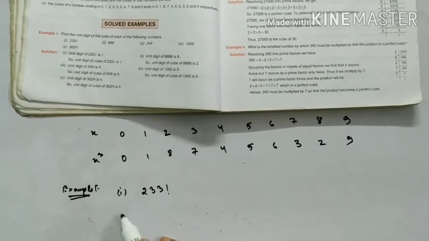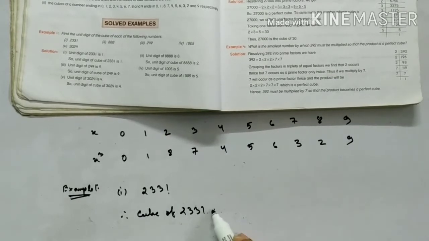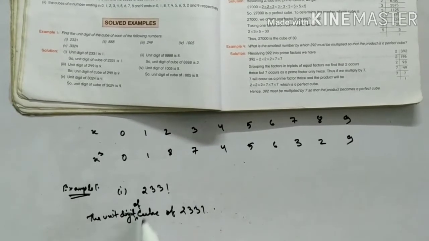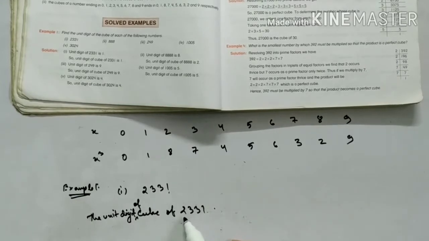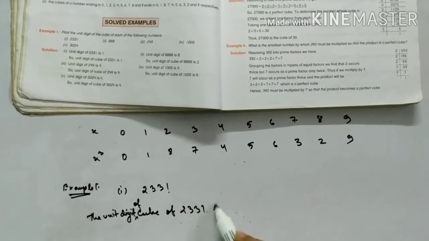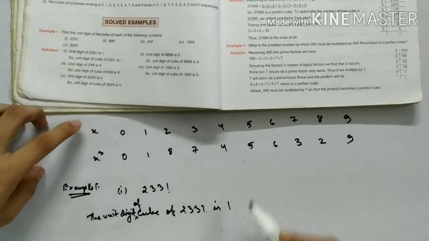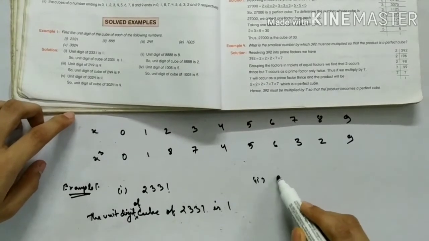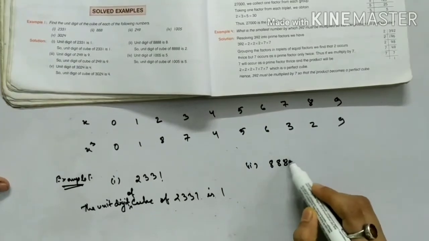So therefore the unit digit of the cube of 2331 is 1. Next, the number is 8888.